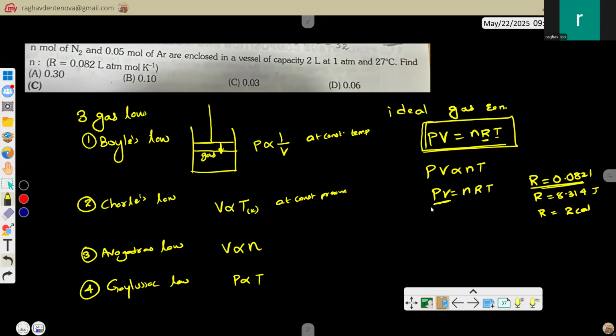We have understood the ideal gas equation, that is PV equals nRT. Let us take the same equation. Pressure into volume equals number of moles into gas constant into temperature. Now, what is the pressure? Pressure is 1 atmosphere. Volume is 2 liters.